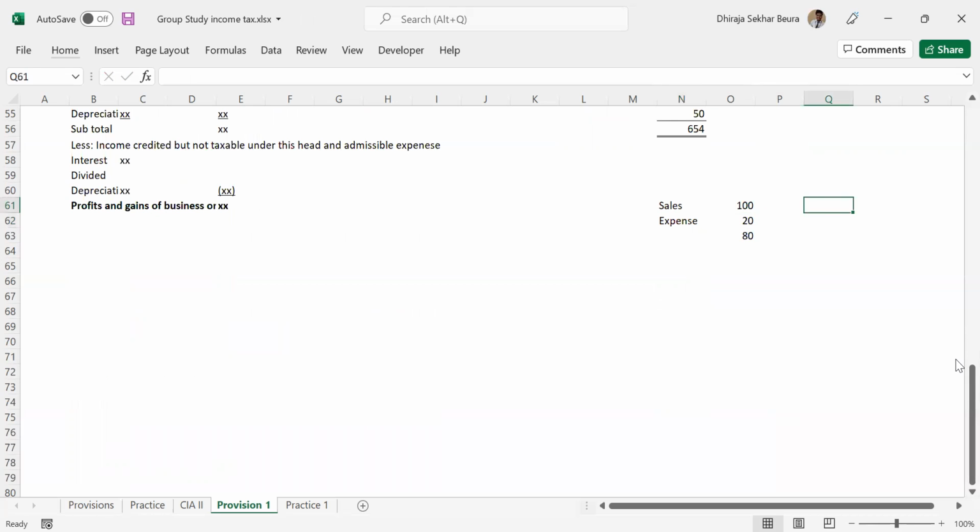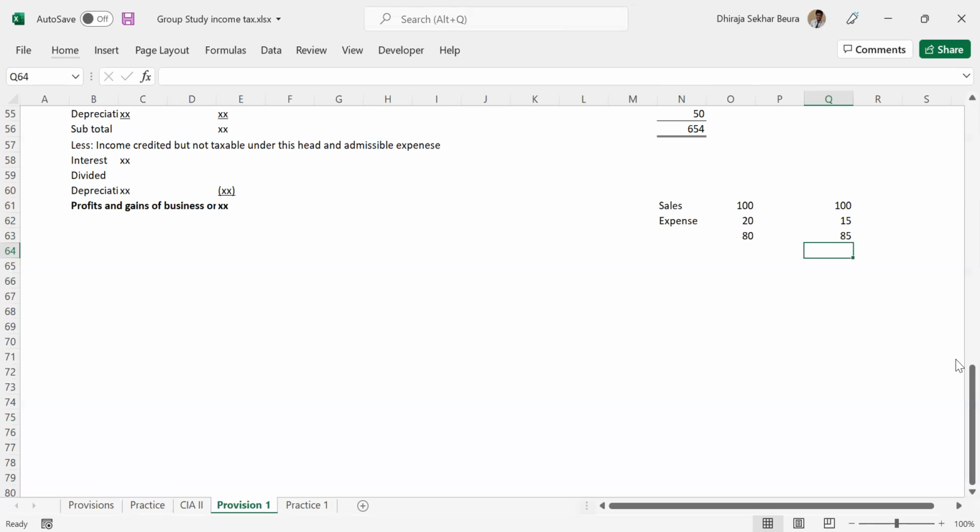Now, suppose in income tax, out of 20 expense, only 15 is allowed. Only 15 is allowed. Your taxable income becomes how much? 85, right? It is increasing. Why is it increasing? Because your expense is decreasing.